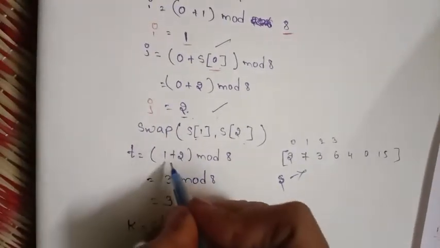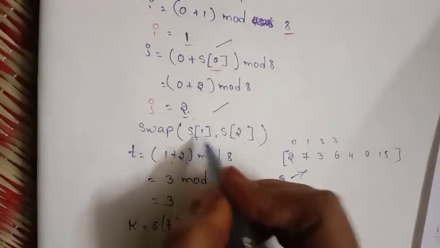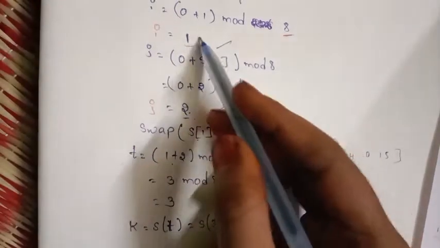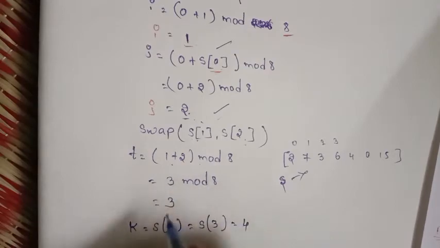Just only add the i and j values, not the values of S of i and S of j. That is 1 plus 2, which is 3 mod 8, that is 3.